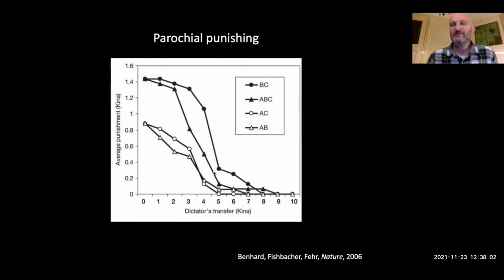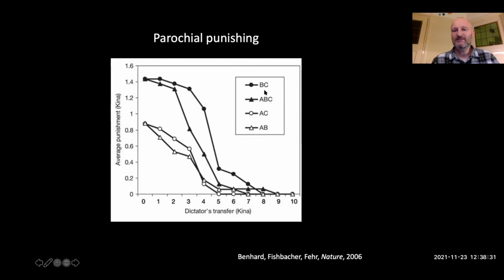And this paper starts out by asking the question, if punishing behavior has evolved to uphold norms within the group, in that case you would expect that punishment happens when the person that you punish is part of your own group, because that's the one who needs to be taught a lesson.